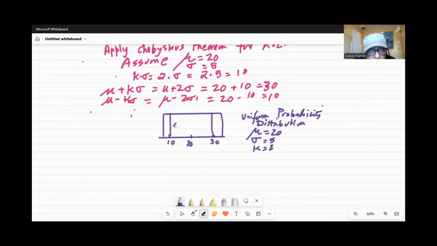Okay. So what is Chebyshev saying? It is 1 minus 1 over k squared. Remember, k is 2.